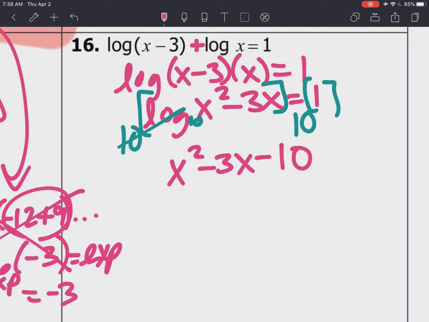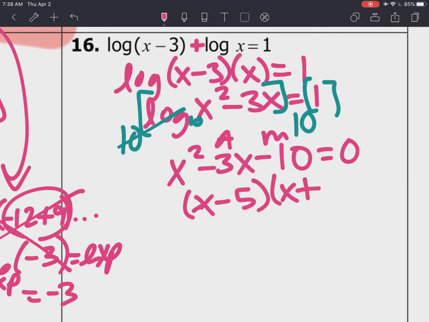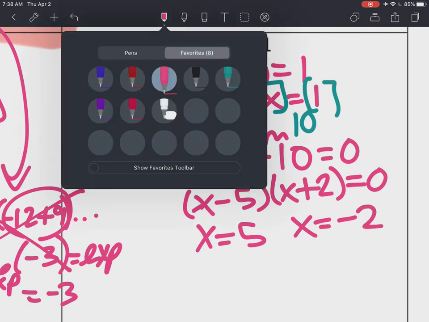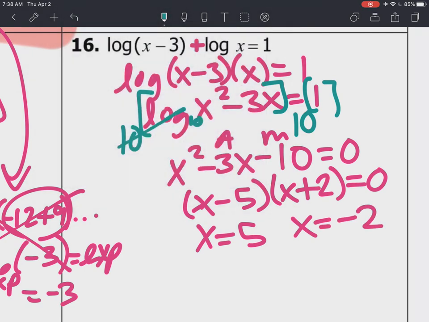And then you get x squared minus 3x equals 10, and if I subtract 10, it will look like this. Two numbers that add up to negative 3 and multiply to negative 10. That's x minus 5 and x plus 2, which means it's x equals 5 and x equals negative 2.